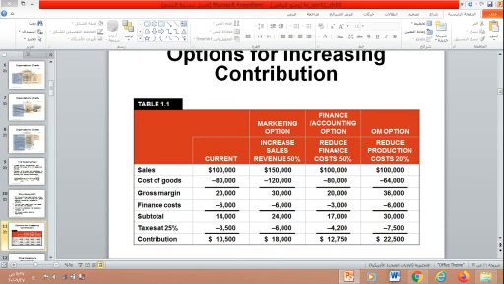If we decrease the finance cost by half, or by 50%, what is the effect on the contribution?